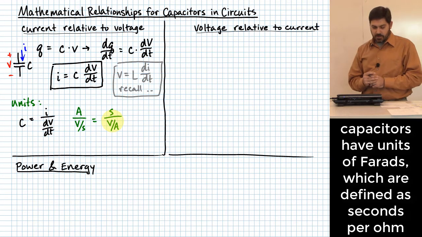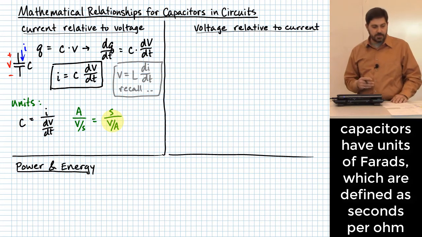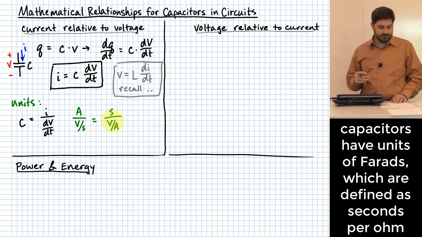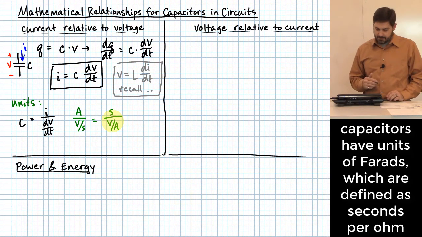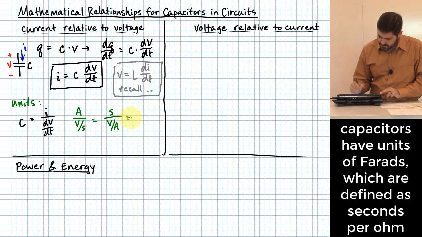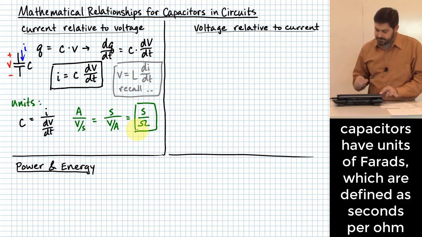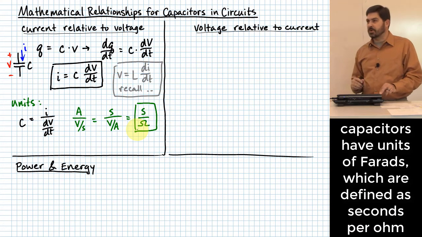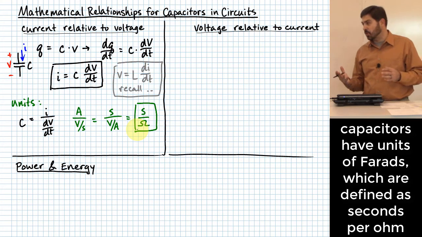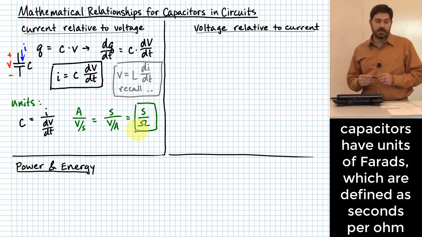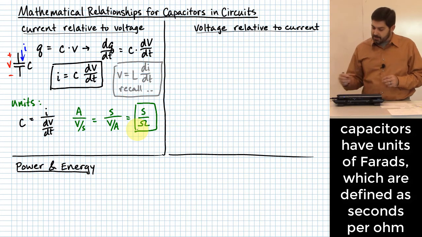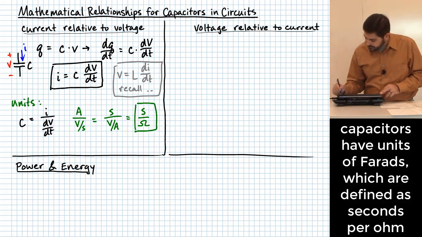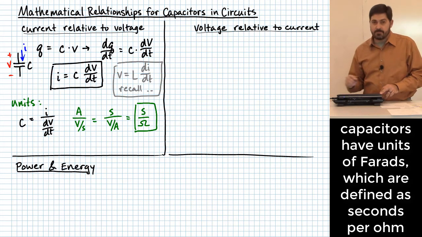Now what does that mean? Or can we do anything more with that? Seconds per ohm. Seconds per ohm is the essence of what a unit is for capacitance. But like many things, we don't leave it there. We are going to give that a name.